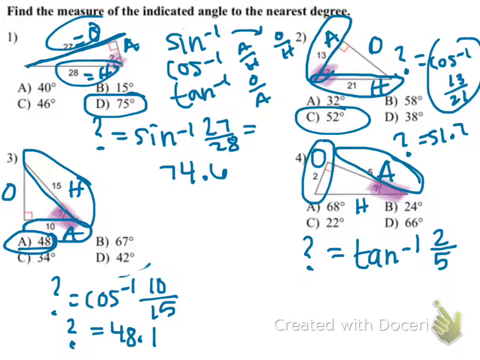I'm going to stick that in my calculator, tangent inverse of 2 over 5. So now I have 21.8. The closest one to that is 22. And that's the whole quiz.